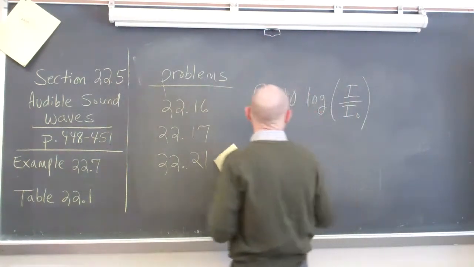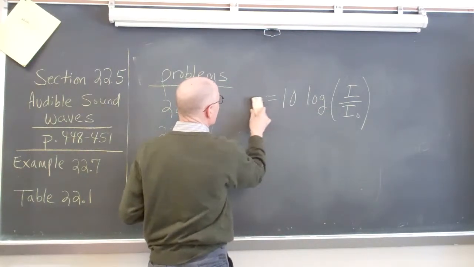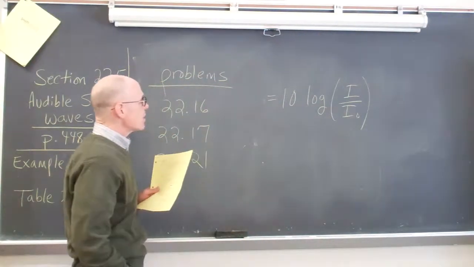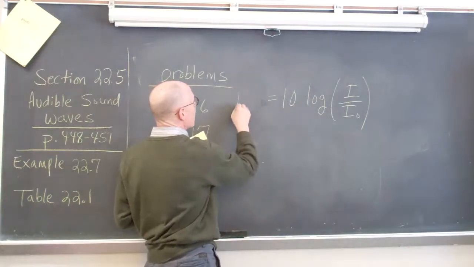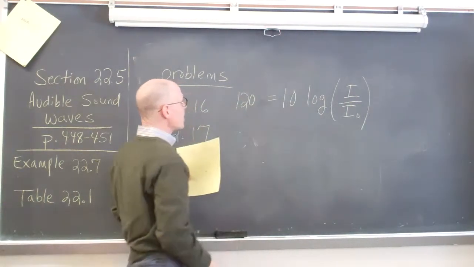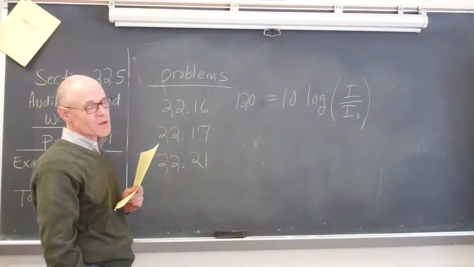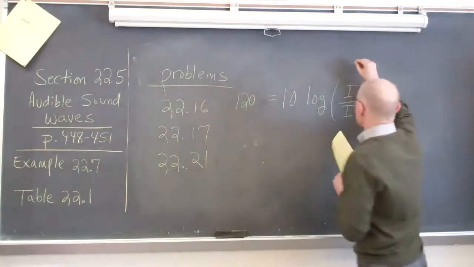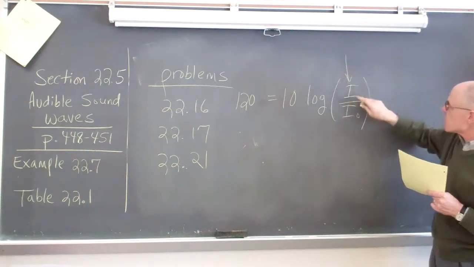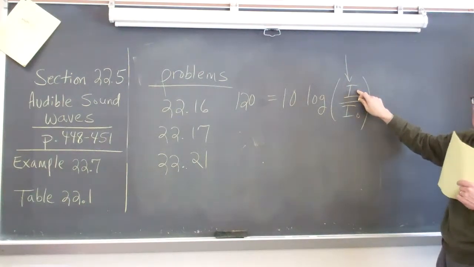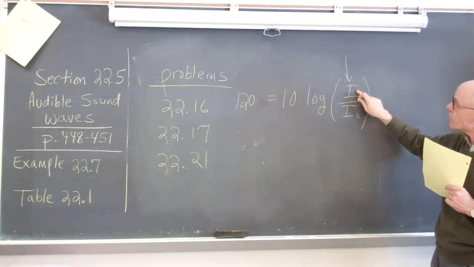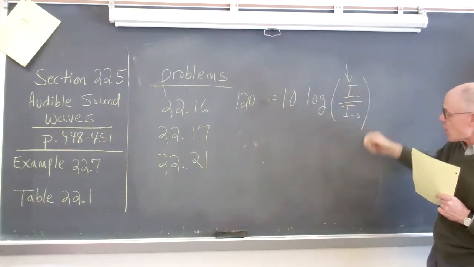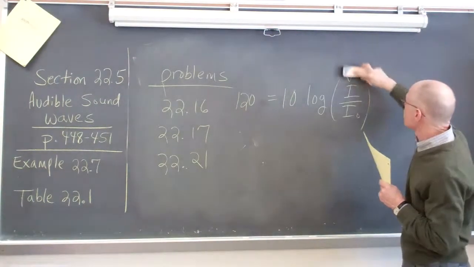So we can just do a quick example. Let's say a sound has an intensity level of 120 decibels, and you were asked to determine the intensity of that sound in watts per square meter. So you need to get this I all by itself. How do you do that?